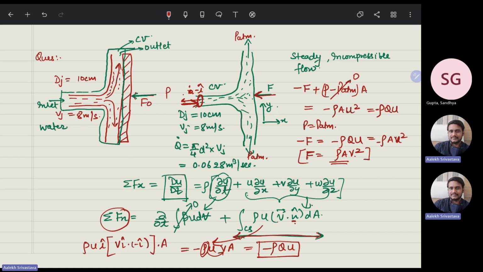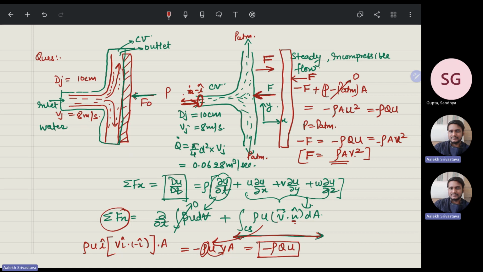Now the same force will be applied on the wall. If I draw the free body diagram of the wall, because of Newton's third law, this same force will be applied on the wall. And if you want to hold this, you need to apply the same force. That is what equals F.